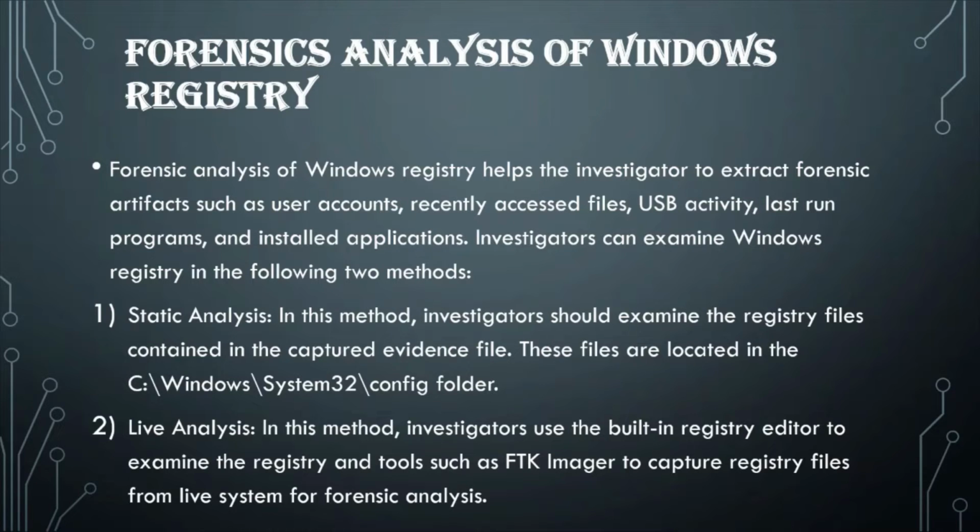In this method, investigators should examine the registry files contained in the captured evidence file. These files are located in the Windows System32 config folder. Now for live analysis. In this method, the investigator uses the built-in registry editor to examine the registry and tools such as FTK Imager to capture registry files from a live system for forensic analysis.